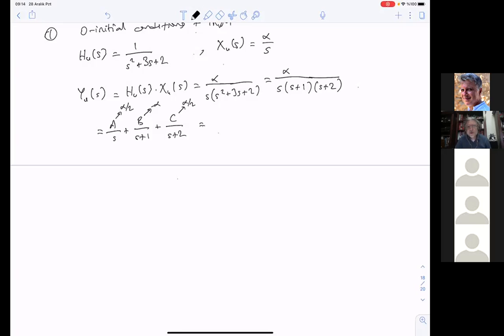That will be your observation when you solve for this, for which the overall output will be in the Laplace domain like this. Excuse me, it's not alpha squared, it's alpha over 2 over s plus 2.